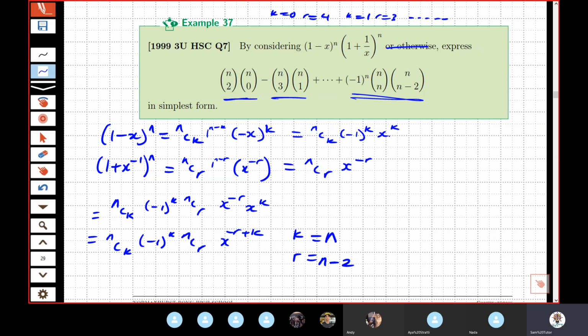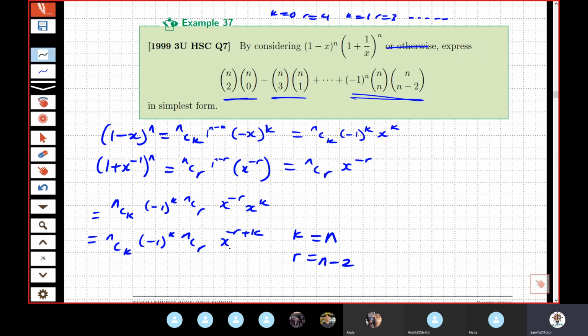Yes, that's the one. n choose n, n choose n, negative 1 to the k, negative 1 to the n. So k must equal n. k must be n. r must be n minus 2. And let's see if it works out.